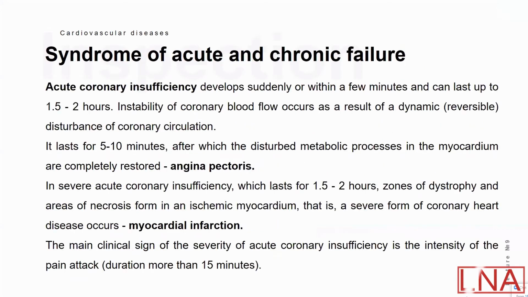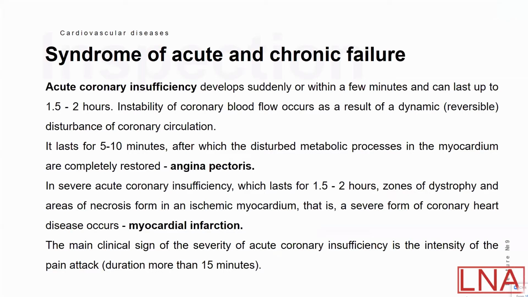Acute coronary insufficiency develops suddenly or within a few minutes and can last up to 1.5 to 2 hours. Instability of coronary blood flow occurs as a result of a dynamic or reversible disturbance of coronary circulation.